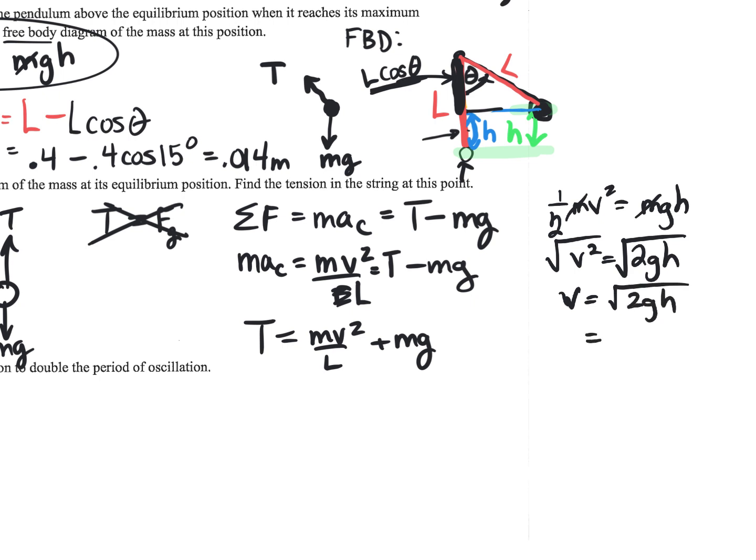Would you agree? So to find the velocity, we've got the square root of 2 times 10 times the height, which is the length of the string, which we said was 0.4. So what is the velocity? Yep, about 2.83, right?